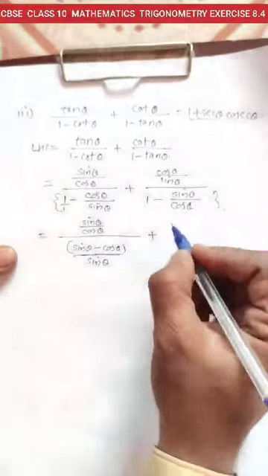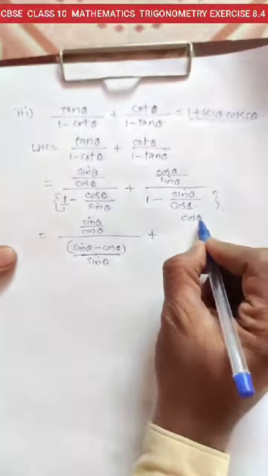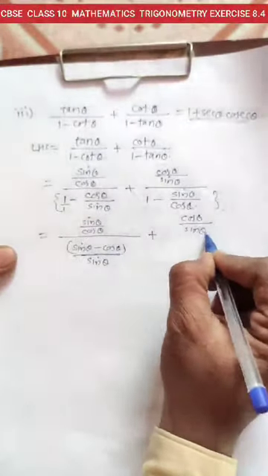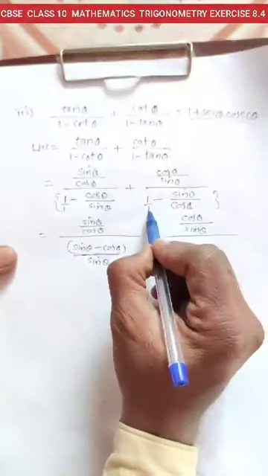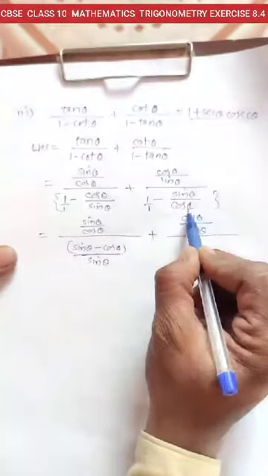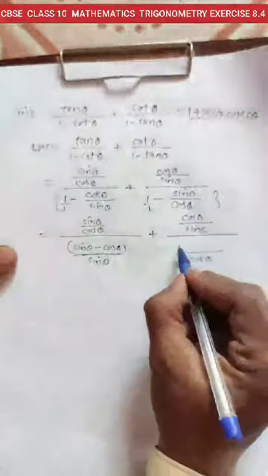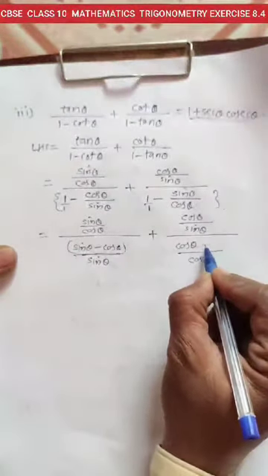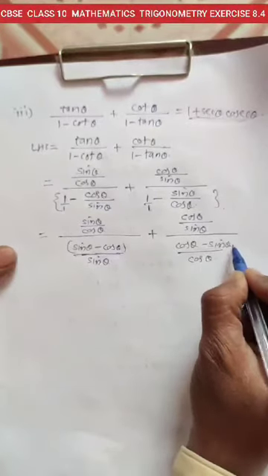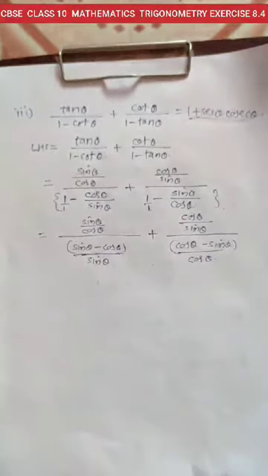Okay, plus similarly this term cos theta upon sin theta as it is whole divided by, and here again consider 1 upon 1. 1 into cos theta, that means cos theta. Cos theta into 1, cos theta, minus sin theta into 1, sin theta. So this is the step.